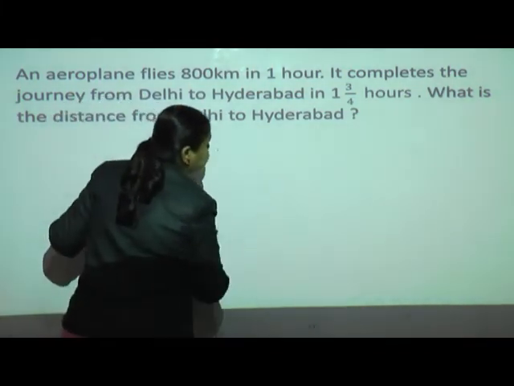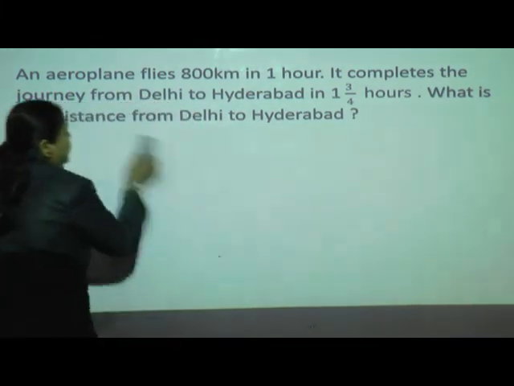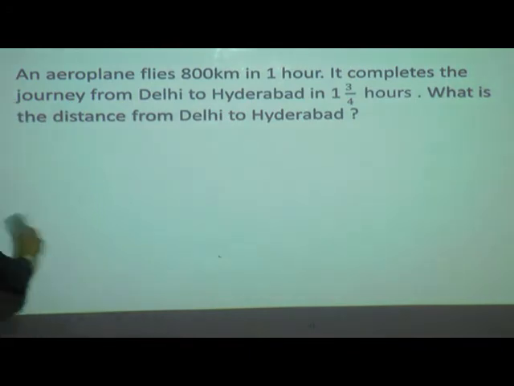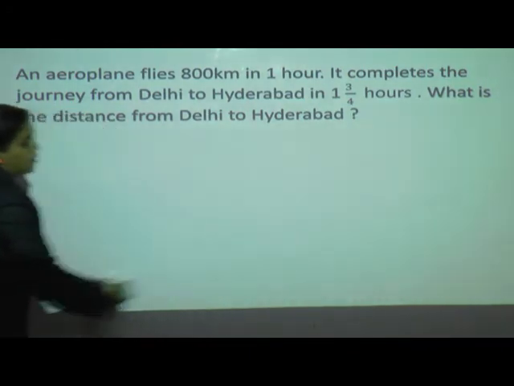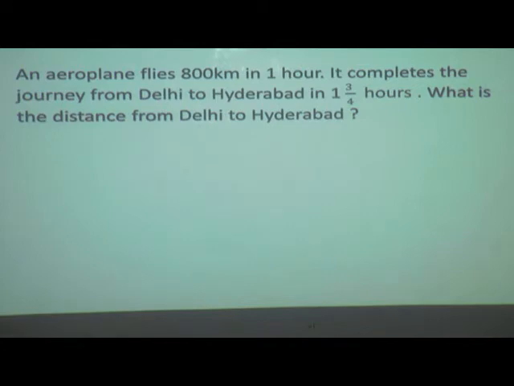Here it was a distance, which is always denoted by meters or kilometers. It is a long distance, between cities, so we always say the distance between Solapur and Pune is 200 kilometers. Similarly here we found the distance between Delhi and Hyderabad is 1400 kilometers.